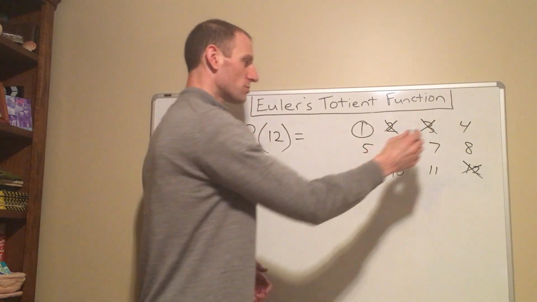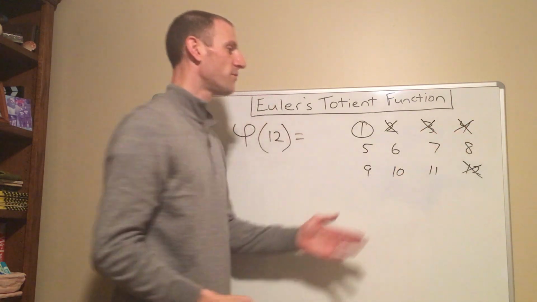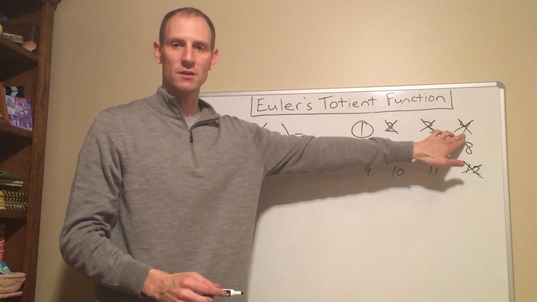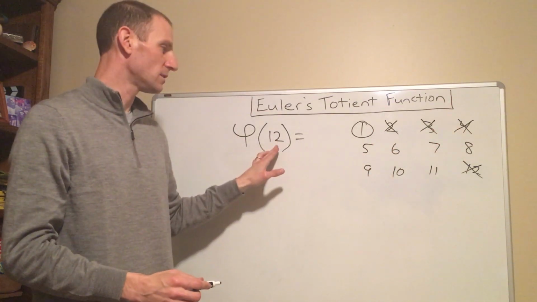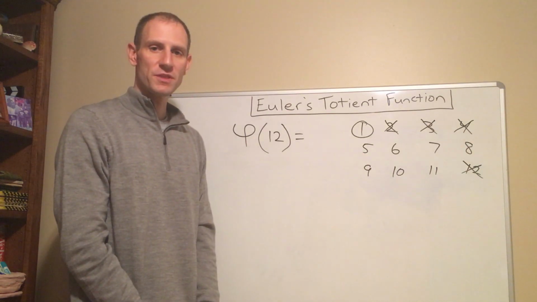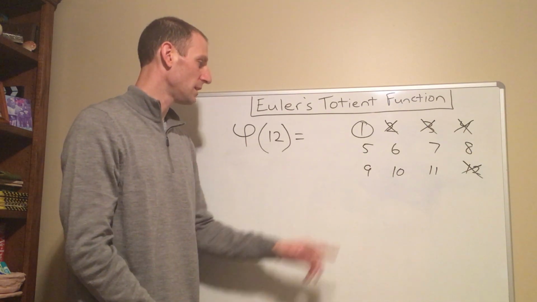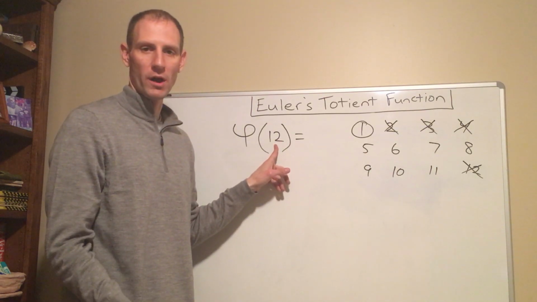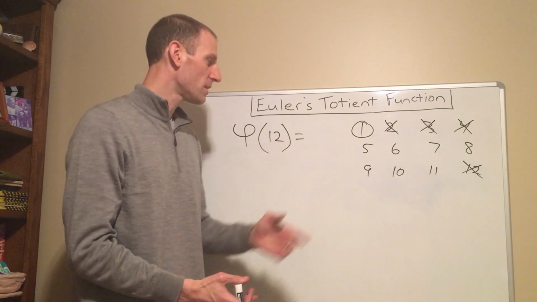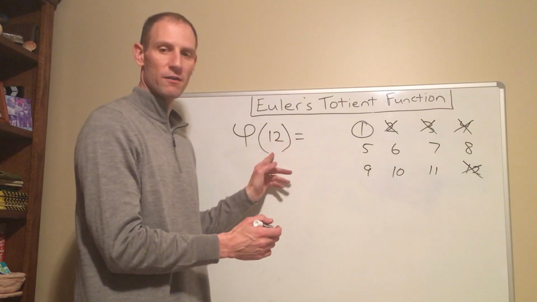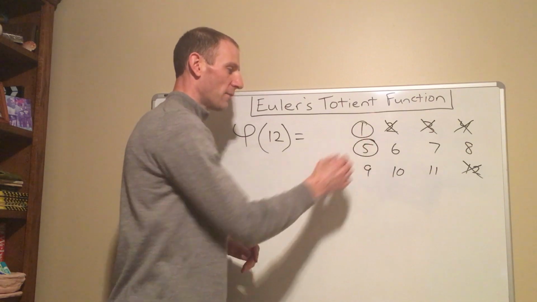The same thing is true for the number 4. 4 fits into 4 and 4 fits into 12. Also, 2 fits into 4 and 2 fits into 12. When we look at the number 5, the only number that goes into 5 and also goes into 12 is 1. Since that doesn't count, that means that 5 is co-prime with 12, so I'm going to circle that one.